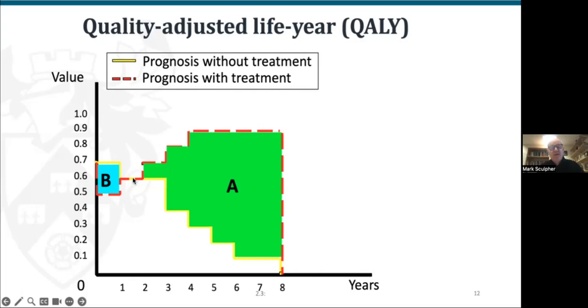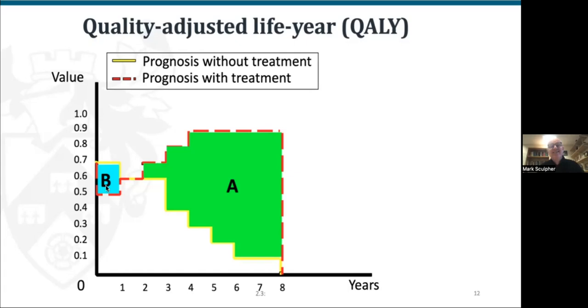And similarly for the prognosis with treatment is the area under the red dotted line. So the area A minus the area B is the difference between the two prognosis curves. And that is the QALYs gained associated with treatment compared to no treatment.